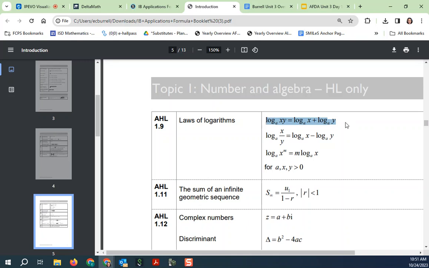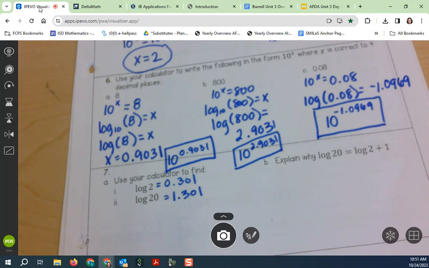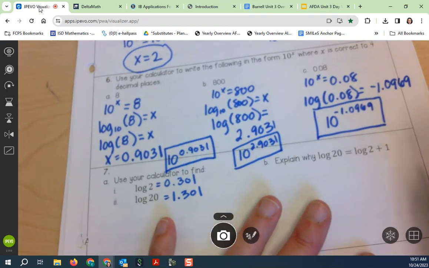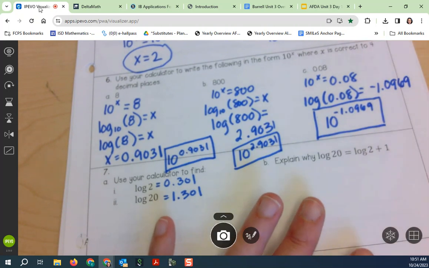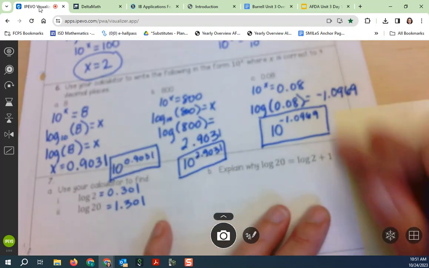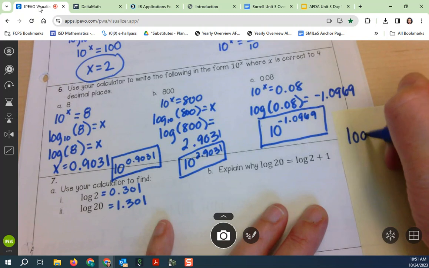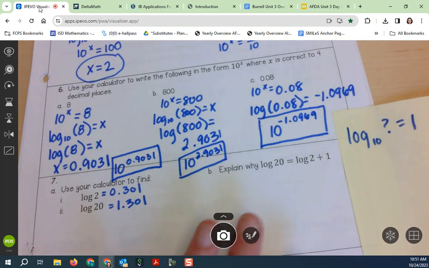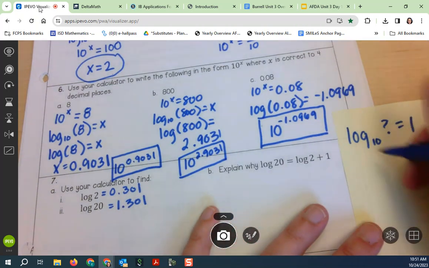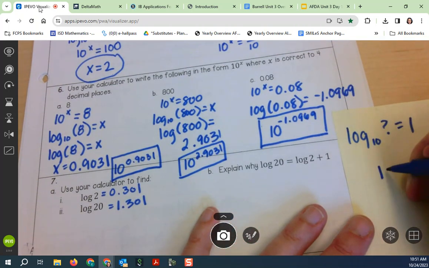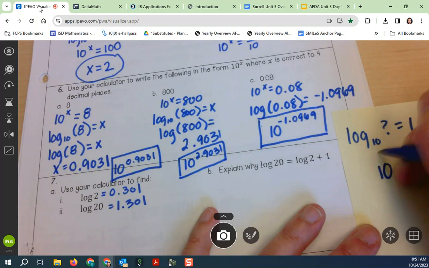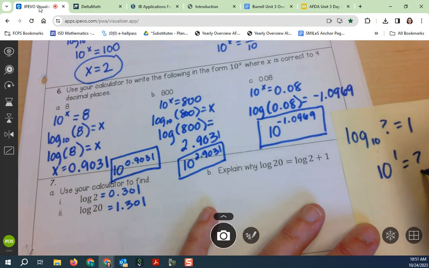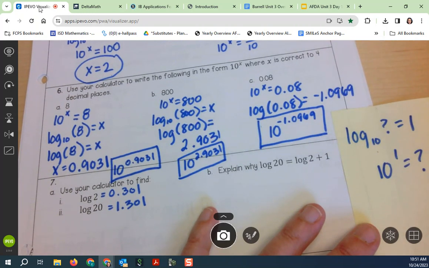So we can rewrite 1 as log of what number? Log base 10 of what number gives us 1? 10 to the 1 equals 10.